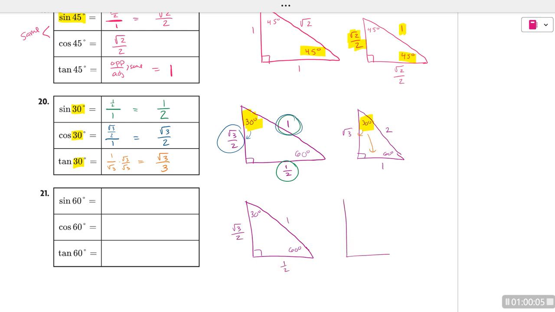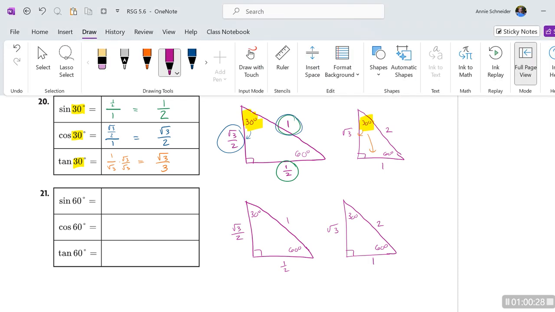And I'll draw both versions again. So 30, 60. My apologies. 30, 60. So if I want this to be a 2, this becomes square root 3. This becomes 1. So we can look at either triangle.